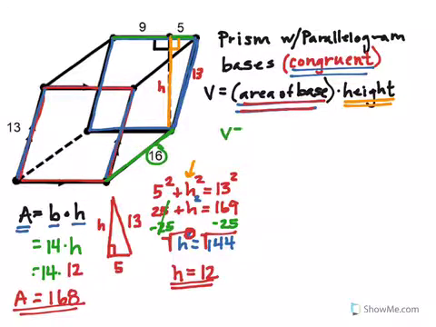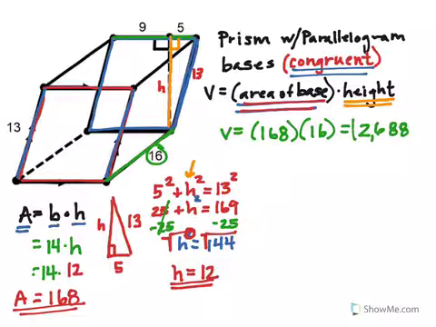So we would just plug in these values now. And I have the volume is equal to the area of the base, which is 168, times the height of the prism, which is 16, and when I multiply those together, I get 2,688 as my final answer for the volume.